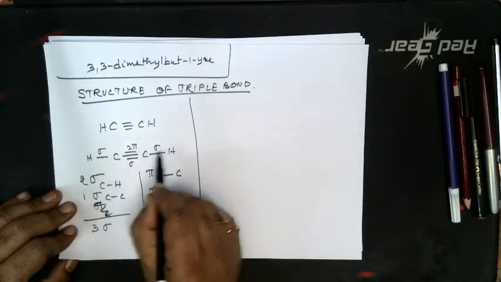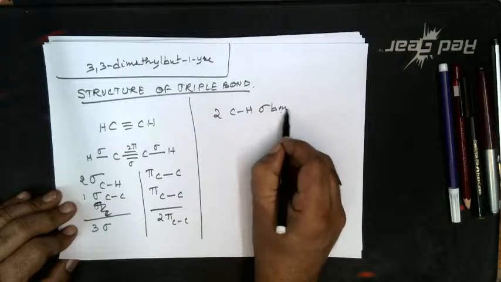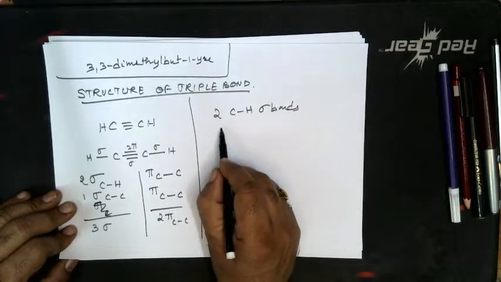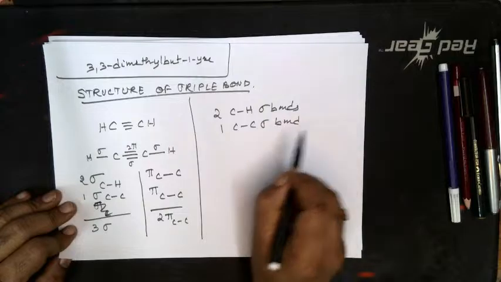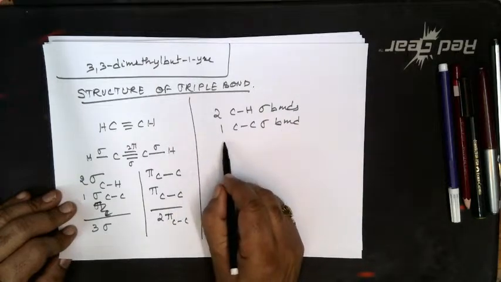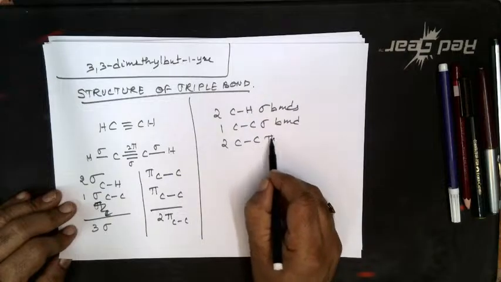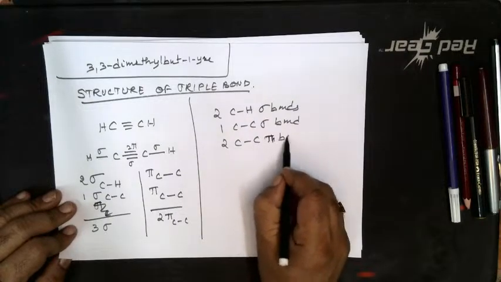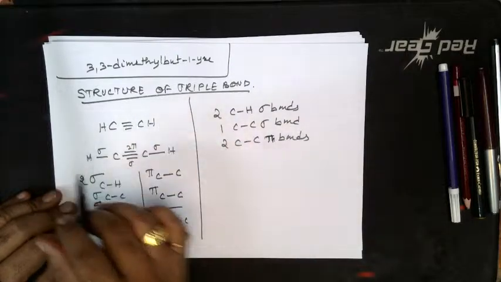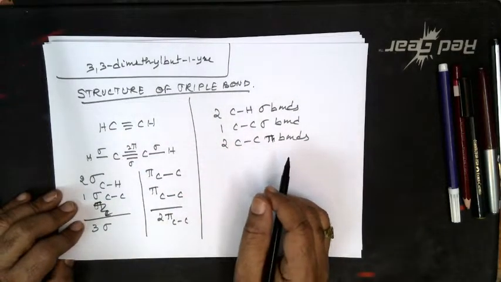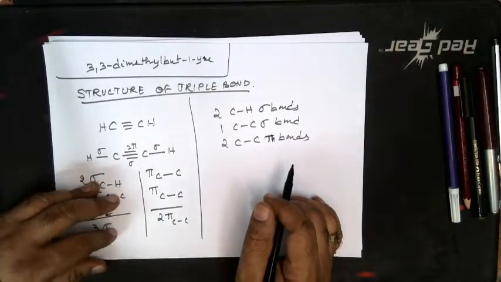You have 2 CH sigma bonds, and 1 CC sigma bond, and you have 2 CC pi bonds. Do you understand this? So a triple bond is made up of one single bond and one double bond. That is 1 sigma, 2 pi bonds.